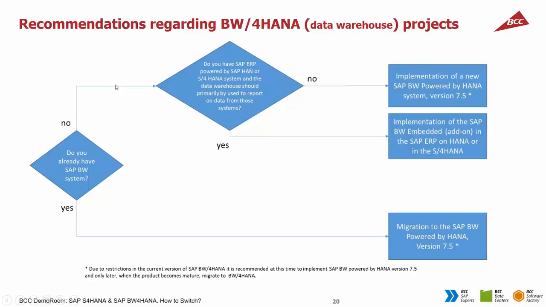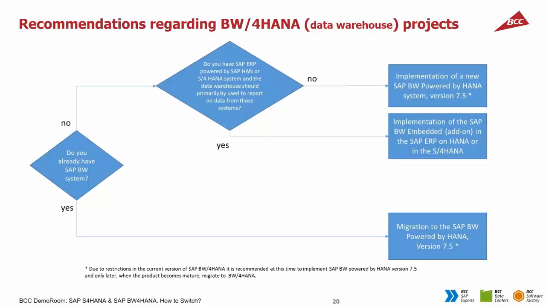And if you don't have a BW system, then if you have an ERP powered by SAP HANA, then you can use BW inside your S4HANA system called BW Embedded. So it's one of the possibilities. So not another BW system, but BW Embedded within SAP ERP.